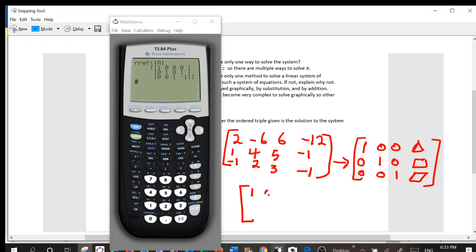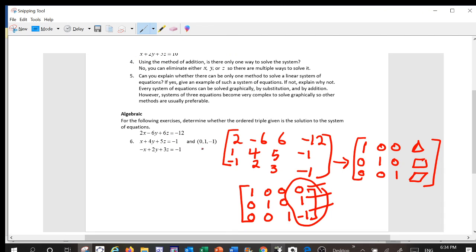So it's 1 0 0 0, 0 1 0 1, and 0 0 1 negative 1. So the solutions are right here. This is x, this is y, and this is z. Right? And that's 0, 1, negative 1. So it works with the calculator.